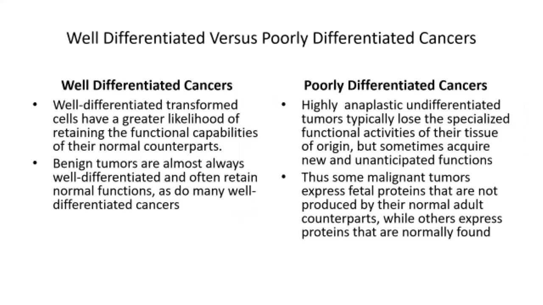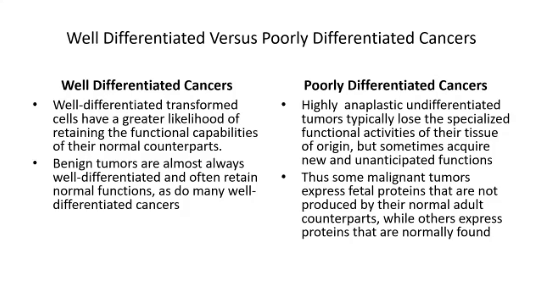What is the difference between well differentiated and poorly differentiated cancer? Well differentiated tumors have a greater likelihood of retaining functional capability, but in poorly differentiated tumors the functional capacities are decreased. For example, well differentiated thyroid cancers still secrete thyroid hormones, and they can be controlled by iodine, which is usually taken up by normal thyroid cells.